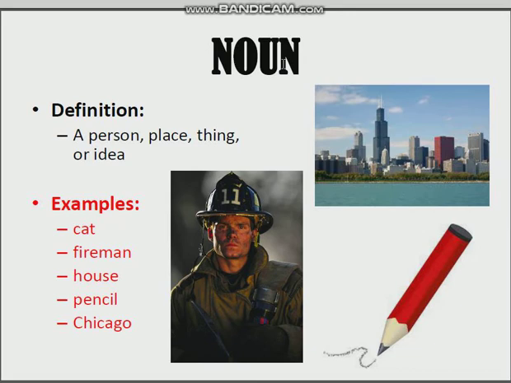Of course, it's a primary thing which we have studied from our primary classes. Noun defines the person, place, thing or idea. The names of persons, places, things, ideas, thoughts, feelings, and animals are in the category of noun.